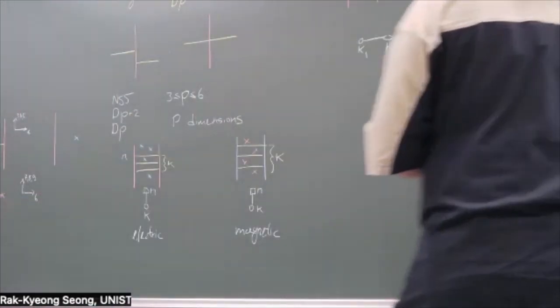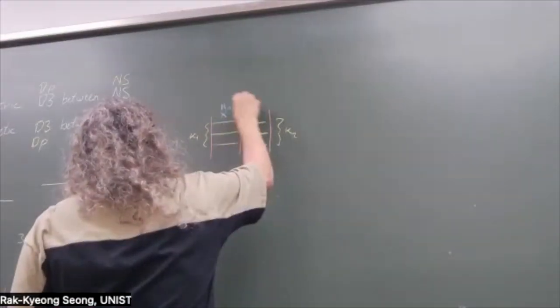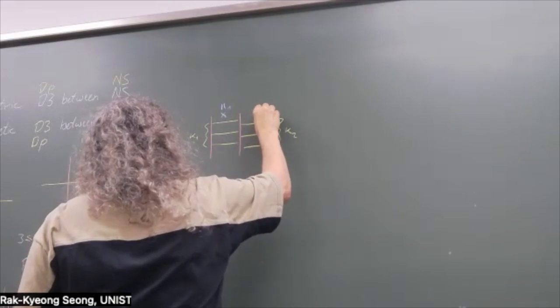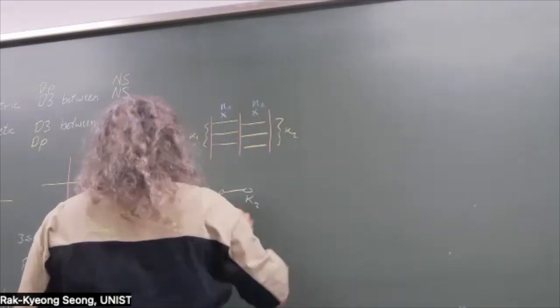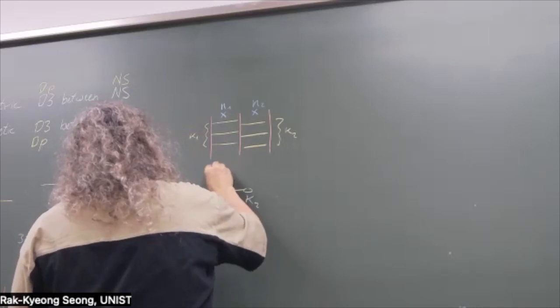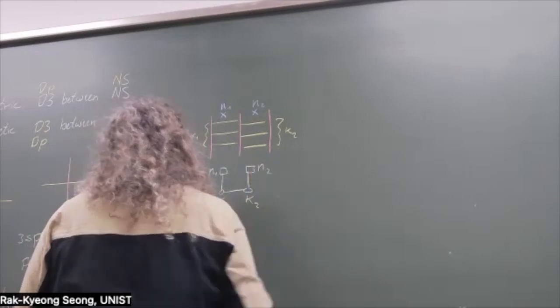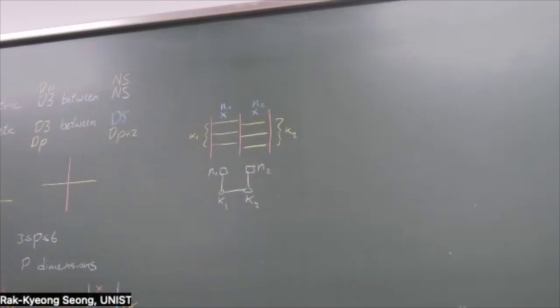I could also add a collection of objects here, and this will correspond in the electric quiver to N1. Any questions?